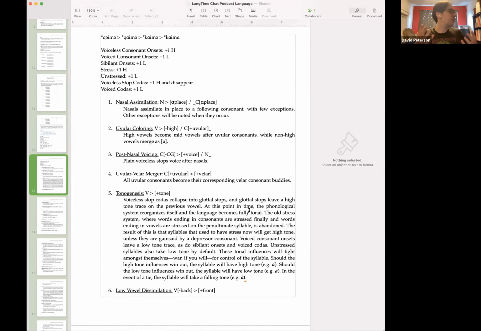I'm sorry, I keep forgetting that everybody can't see this. I mean, they'll eventually be able to see. My bad there. Okay, so high tone is going to get an acute accent mark. Low tone will just get nothing. And then the falling tone is going to have a circumflex accent over it. And that is how we are going to write the tone part of the language.